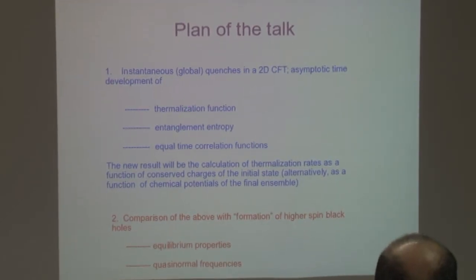This is a function built out of the reduced density matrix of a small region. If I can show that this reduced density matrix asymptotically approaches the reduced density matrix of a thermal ensemble, then in effect any string of local operators within that region will also approach those operators in a thermal ensemble, or whatever ensemble that is.